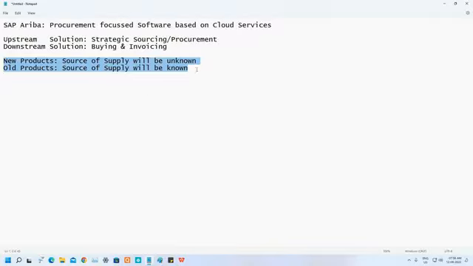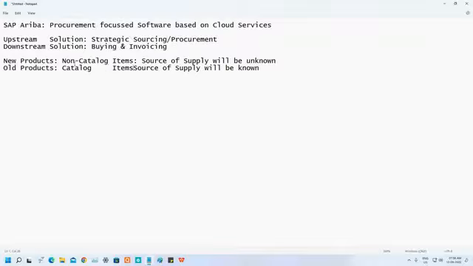Now, this old product or new product is basically called catalog items and non-catalog items in Ariba. There is nothing called new product and old product in Ariba. So please remember, a non-catalog item means a new product which you have never bought before. Catalog items are items which you have already bought.